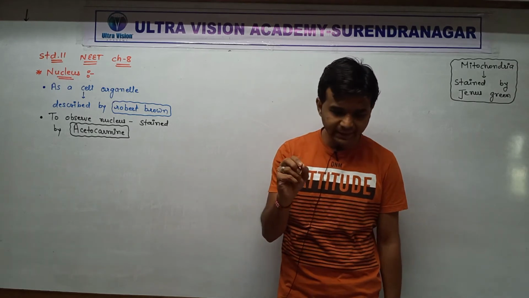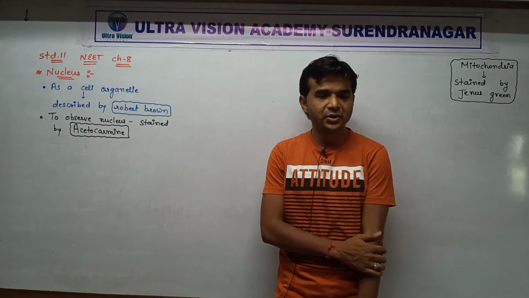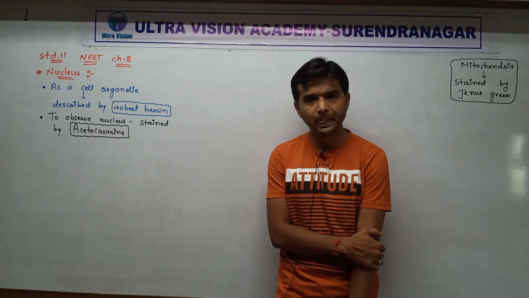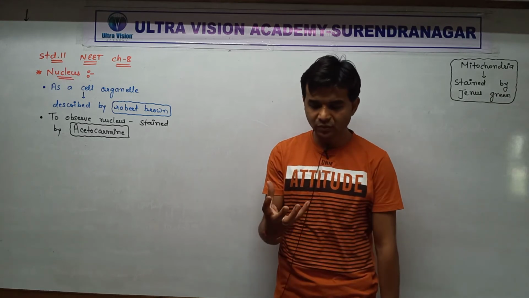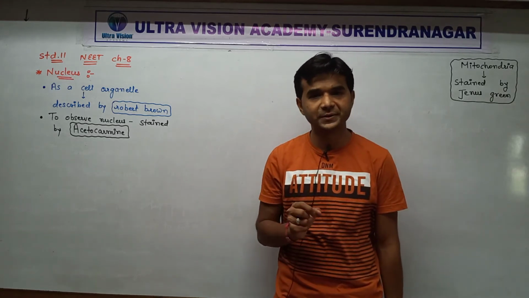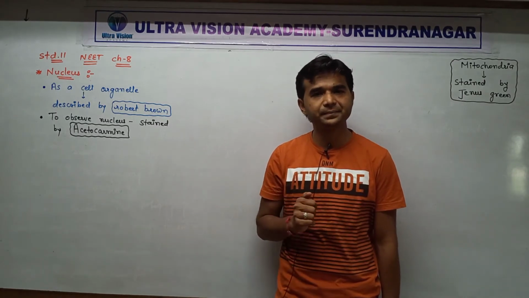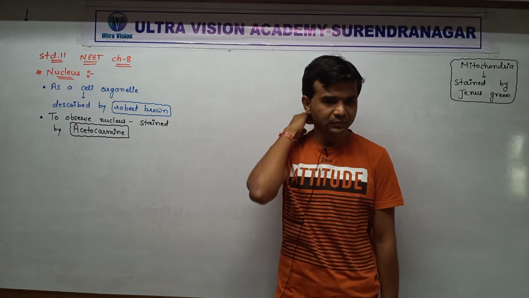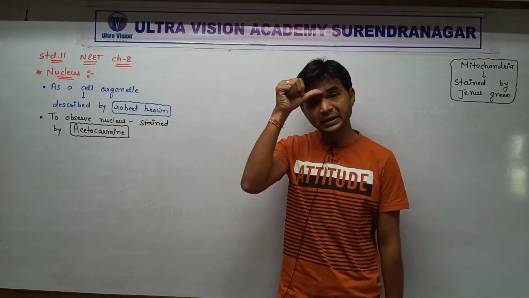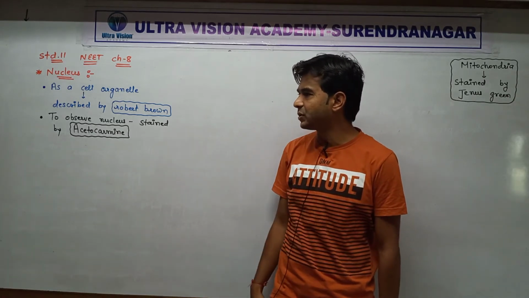We can take the very thin layer which is there in the onion. You know that onion is a tunicated bulb, and in onion the food is stored in the leaf base. So between the leaf bases there is a very thin layer. We can take a small section of this thin leaf and stain it with acetocarmine.